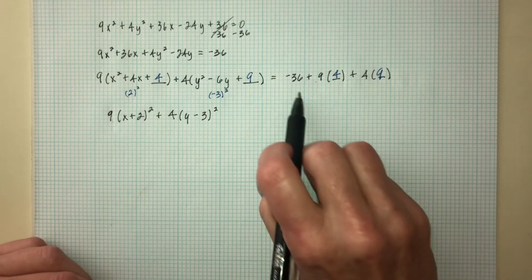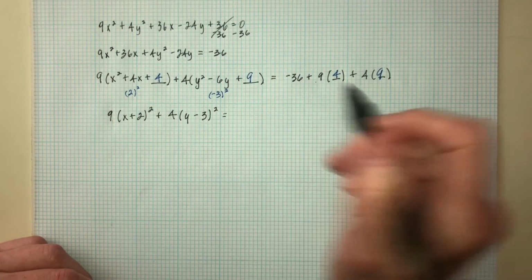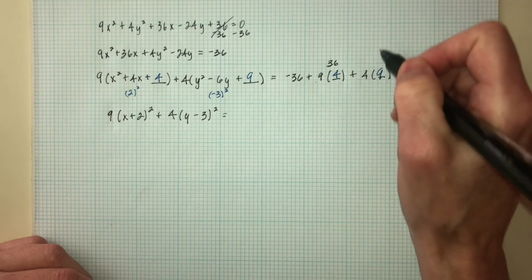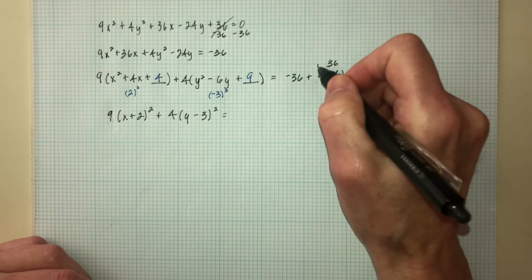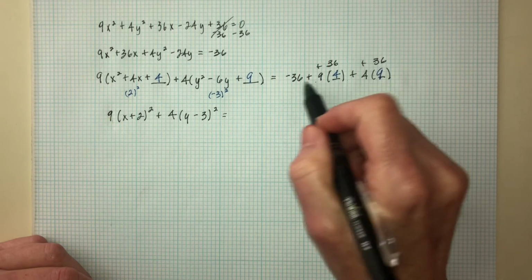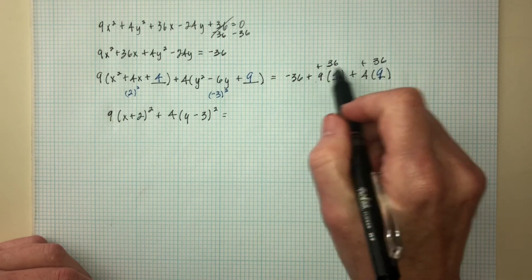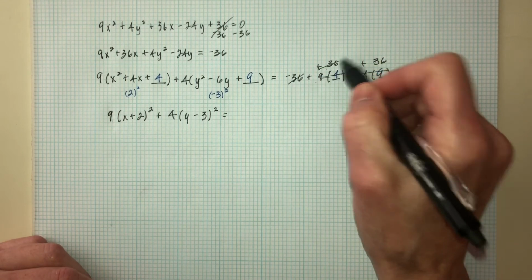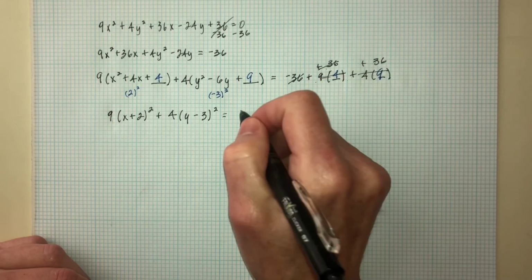Over here, I can just do some simplifying right away because 9 times 4 is 36, and 4 times 9 is also 36. So we've got negative 36 plus another 36. Well, this can cancel with that, leaving us with just 36.